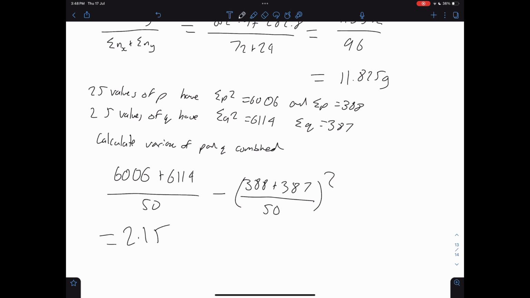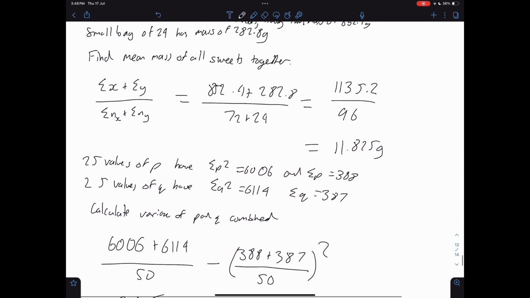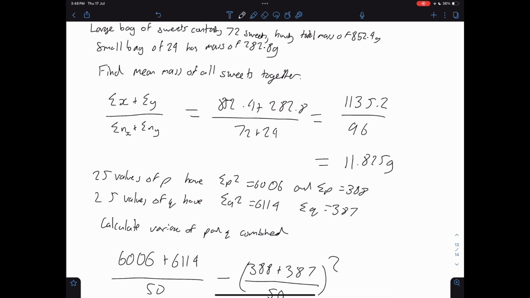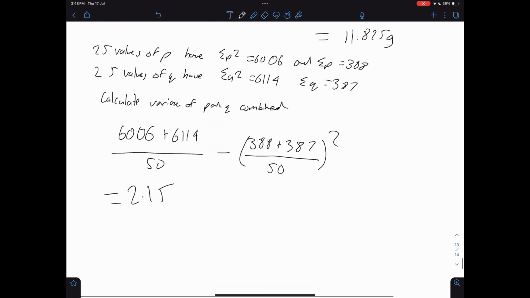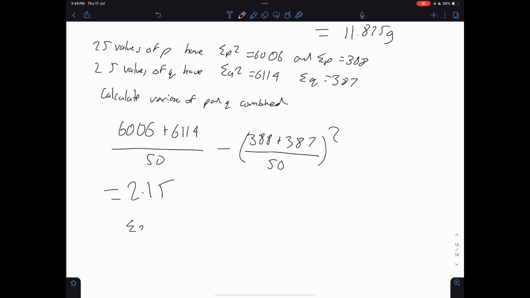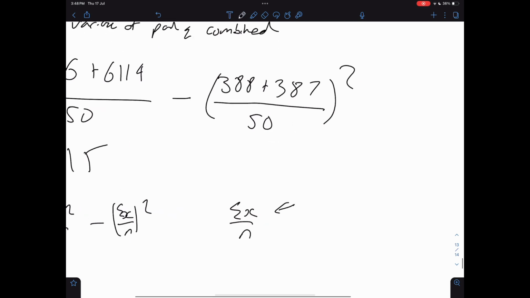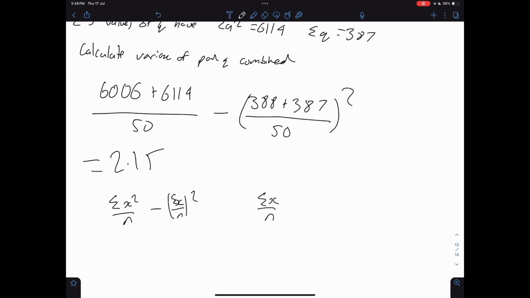So basically the main point here is when you have to find the combined mean or the combined variance, you pretty much use your formula, but you need to be mindful that you cannot just average the variances.